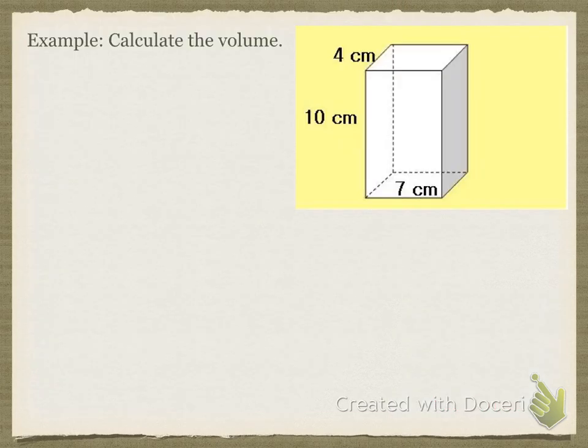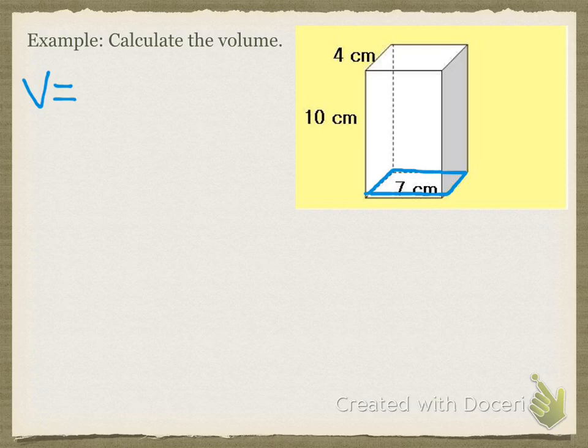So an example would look something like this. Calculate the volume. So we have a rectangular prism shown. So I'm going to always write the formula. So volume equals the base shape, which is the area that we're looking for. So if we look at the base shape, which is down here, we can see that the dimensions are 7 times 4.